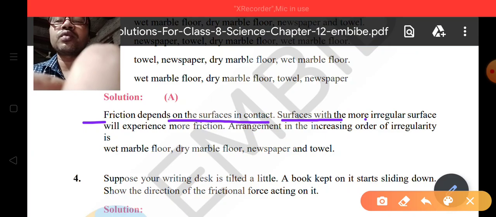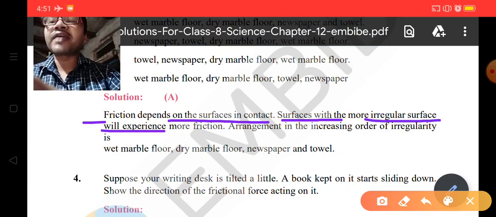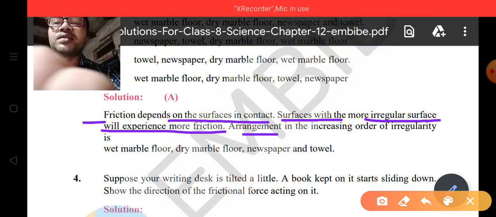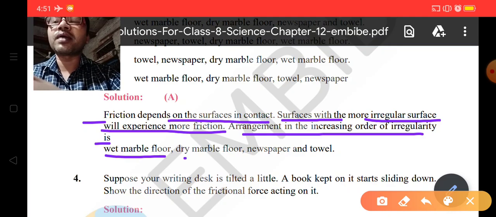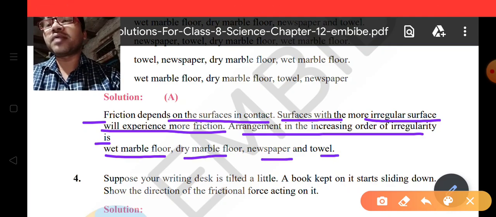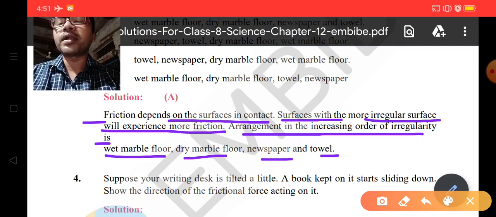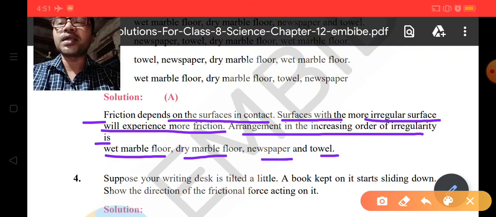Surfaces with more irregularity will experience more friction. Arrangement in increasing order of irregularity is wet marble floor, dry marble floor, newspaper, and towel. So you can also say that wet marble floor has minimum irregularities, then dry marble floor, newspaper, and towel has very high irregularities.